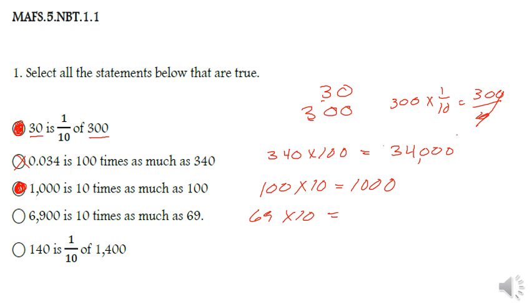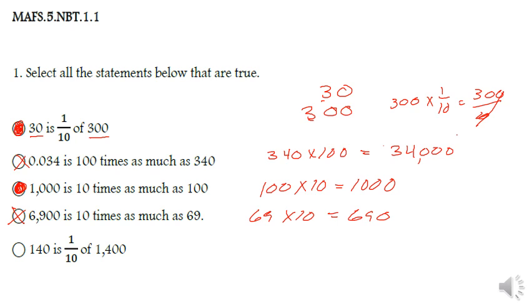So if I take 69 times 10, I should get 6,900, but instead I get 690. So 6,900 would actually be 100 times larger than 69. So that would not be good.